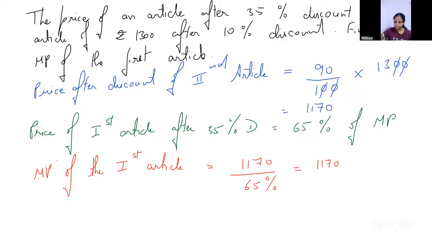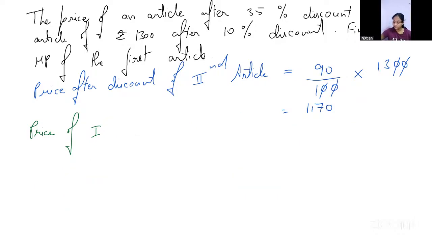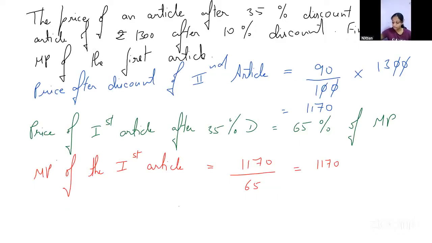Ma'am, can you just explain why we are doing this? Yes, Abraham, I'll explain to you. I calculated the price after discount of the second article, which was 1170. The question says that the price of an article after 35% discount is equal to another article of 1300 after 10% discount.